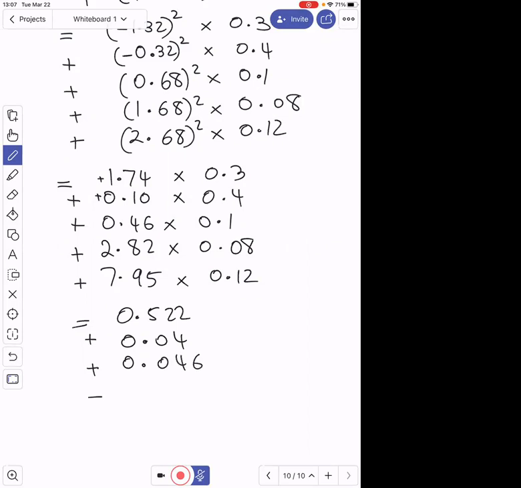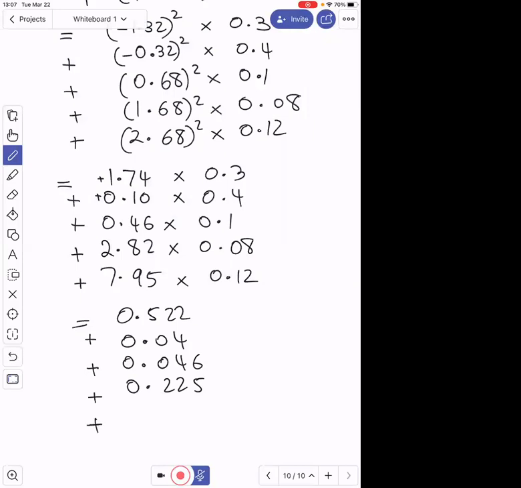And then 2.82 times 0.08, that will be equal to actually 0.22. I think I have 0.225, but anyway, you can round, it's up to you. You can round up your numbers if you want.